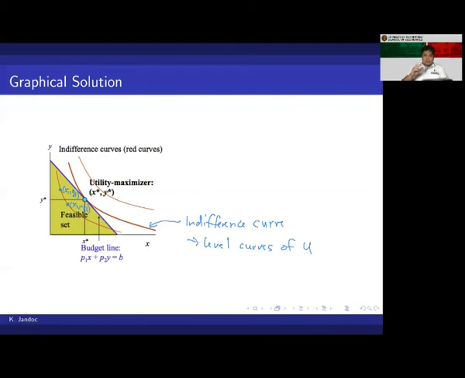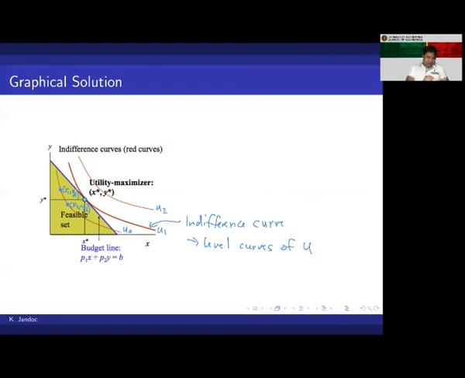Where does the term indifference curve come from? Well, since this is a level curve, all points in the indifference curve will give you a certain utility level. So call this U naught, this higher indifference curve U1, and this one U2.